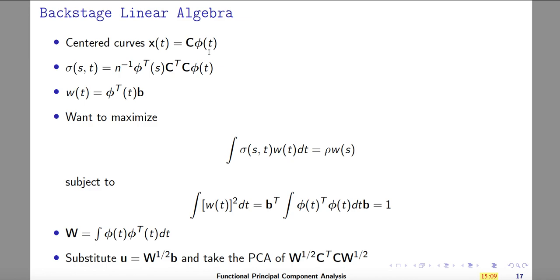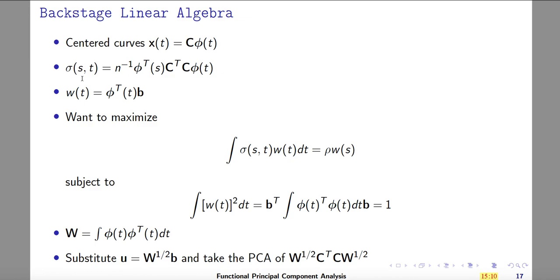Suppose we're using capital J basis functions, then phi of t will be a J times 1 vector of basis functions, and C will be all the coefficients of the basis functions. So the dimension of C will be n times capital J, right?